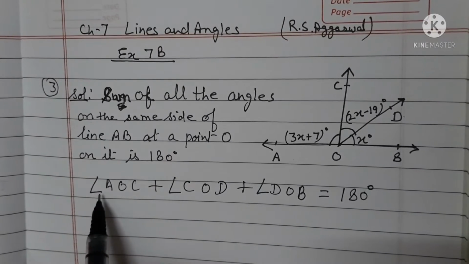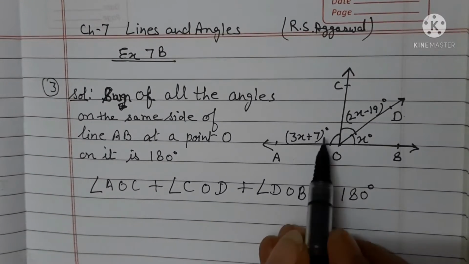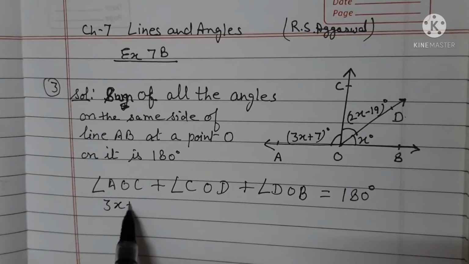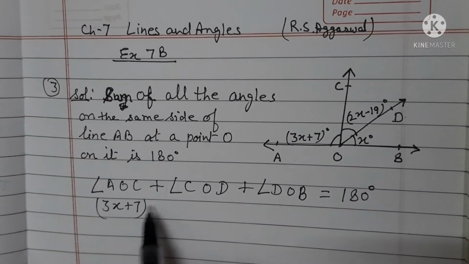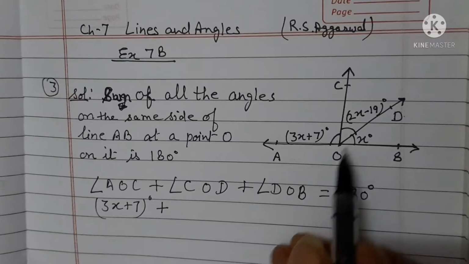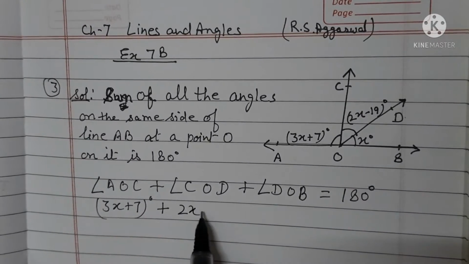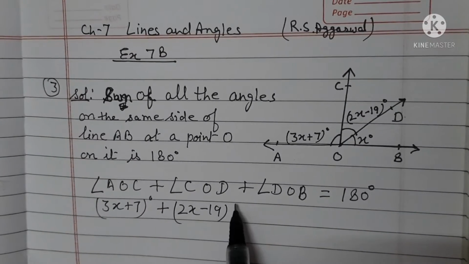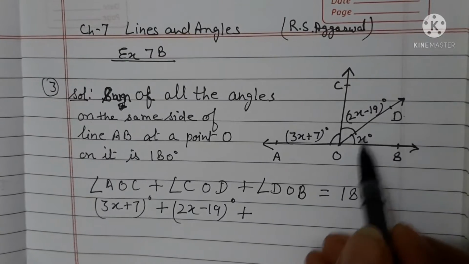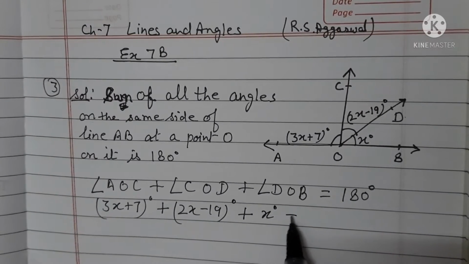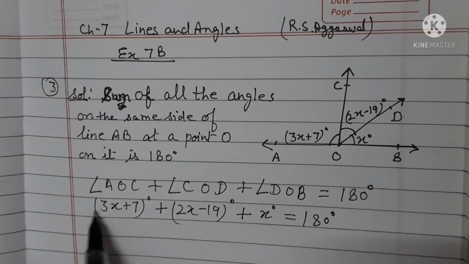Put the values: (3x plus 7) degree plus COD (2x minus 19) degree plus x degree is equal to 180 degree.